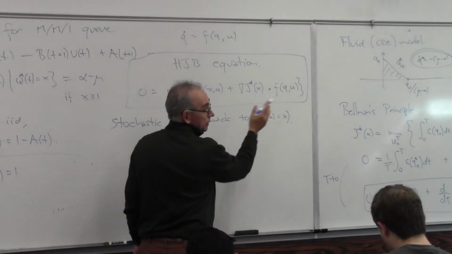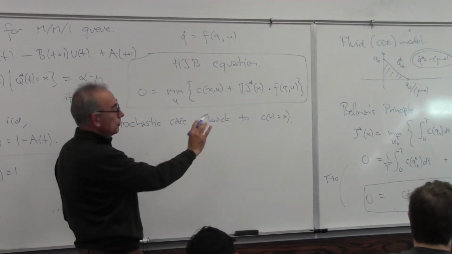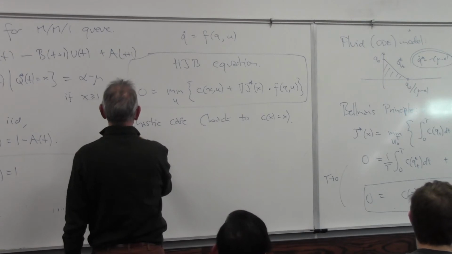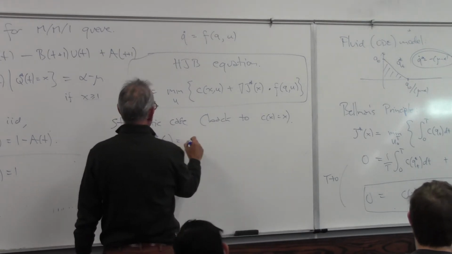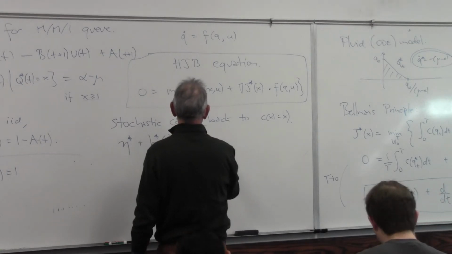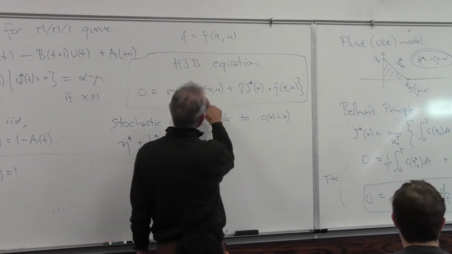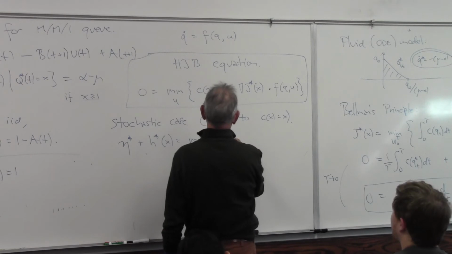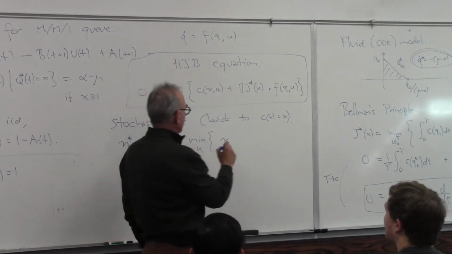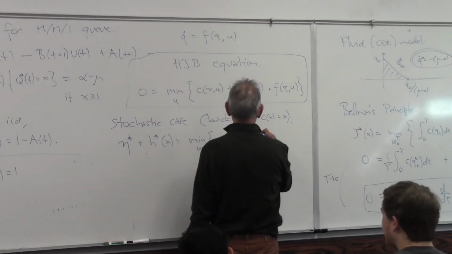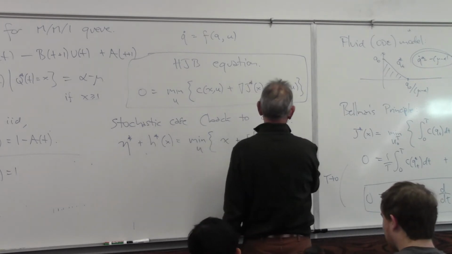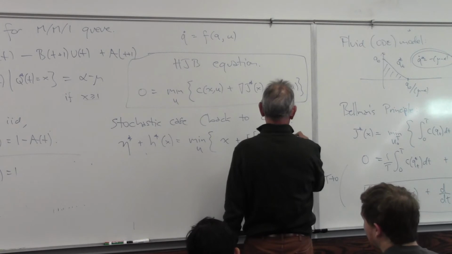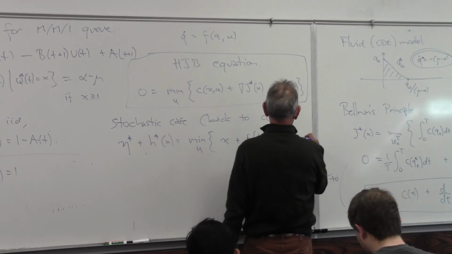So again, C of x equals x. I'll write down the same sort of equation I had before. There's an eta star plus 8 star of x equals a minimum over u. And so there would be a C of xu, but it's just x. And then plus the expectation of 8 star of x at one time in the future, given x equals x.